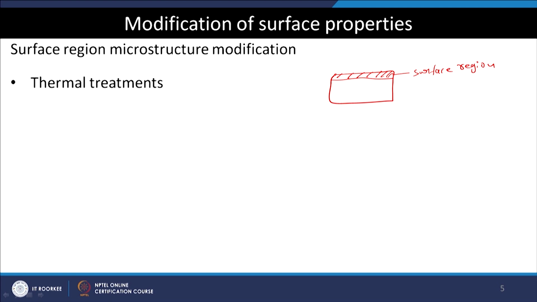Now we want to have a different property only in this surface. So, one possible way is by using thermal treatments. Thermal treatments imply we only change the temperature and the heating and cooling rate of a particular region of a material, and that leads to a change in the properties because we introduce a phase transformation.